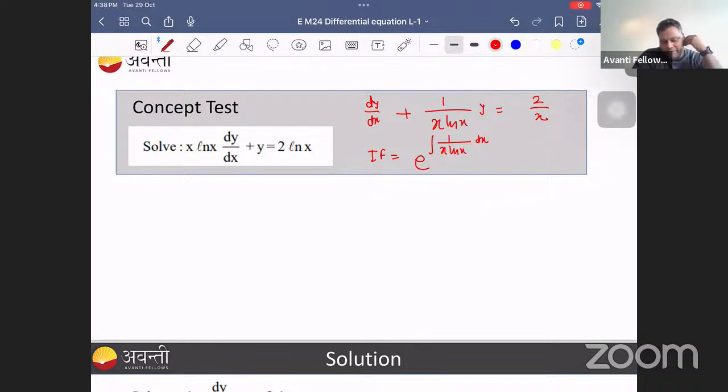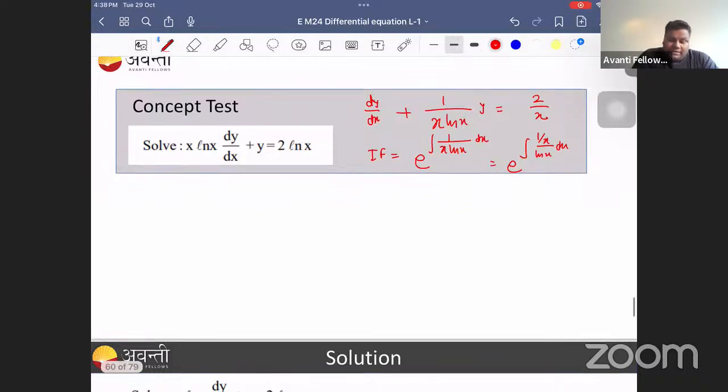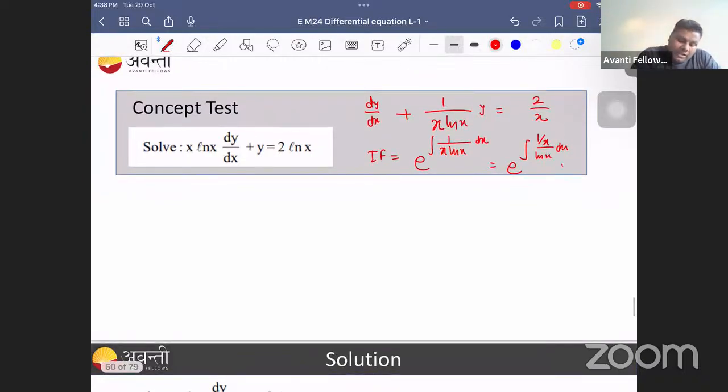I can write 1 upon x ln x as 1 by x upon ln x dx. Now the derivative of the denominator is there in the numerator. The derivative of ln x is 1 by x. So the answer will be e to the power ln of ln x, and this will finally be ln x. So this is your integrating factor.